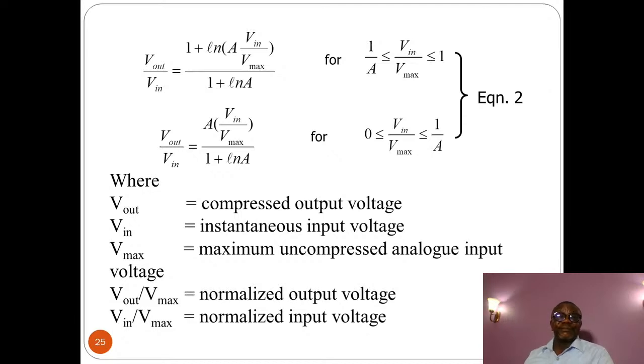And this is acceptable for V in over V max lying between 1 over A and 1.